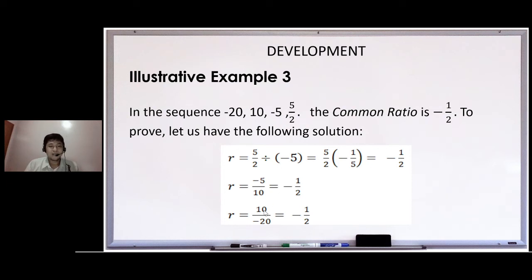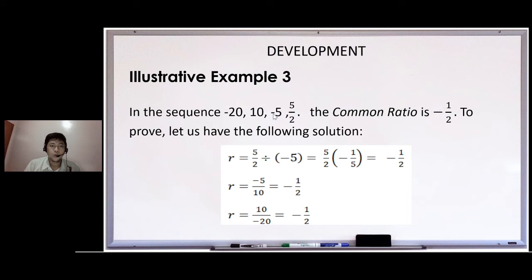So what is 10 divided by negative 20? Very good. The answer is negative 1 half. Since whenever we divide unlike signed integers, the answer is negative. So the lowest term here is 1 half. Why? 10 and 20 can be divided by 10. So 10 divided by 10 is 1. 20 divided by 10 is 2. So the quotient here, or the ratio, is negative 1 half.